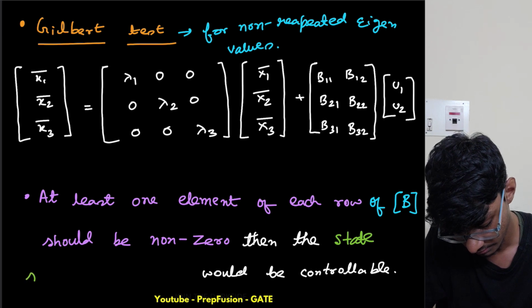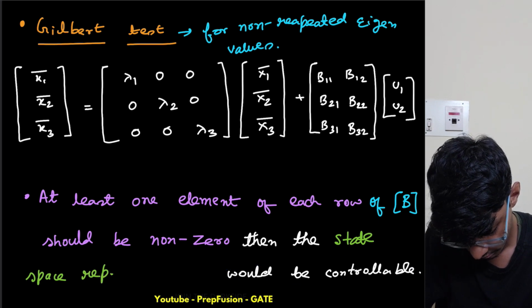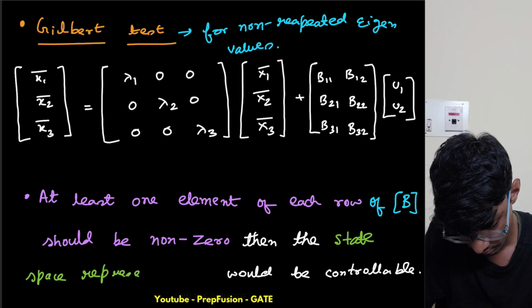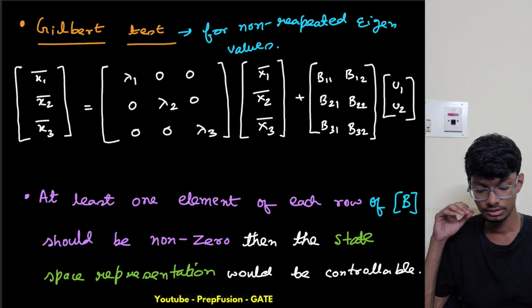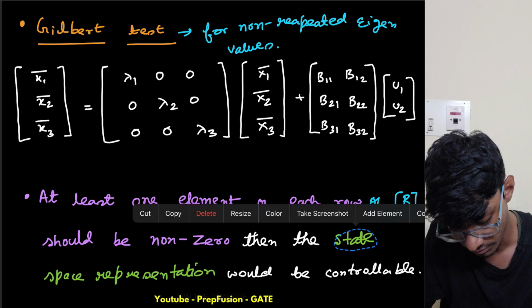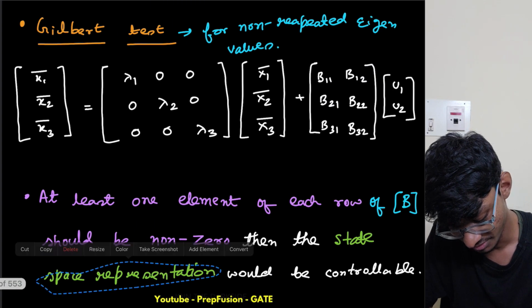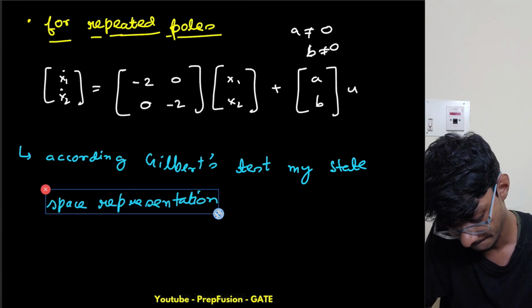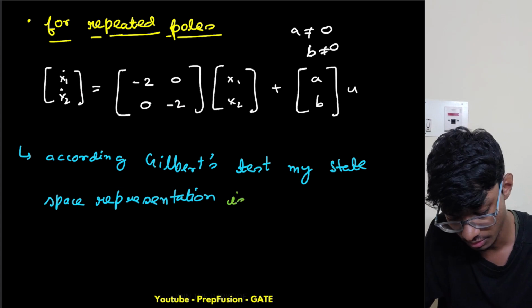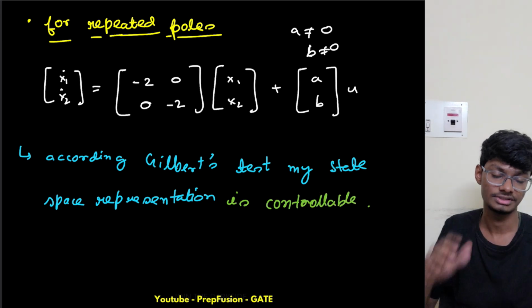So I will write here: state space representation is controllable. Okay, my state space representation is controllable according to Gilbert's test.